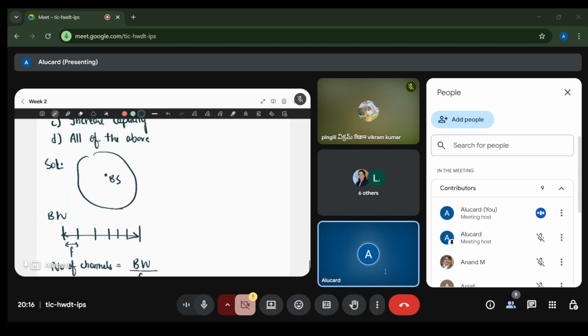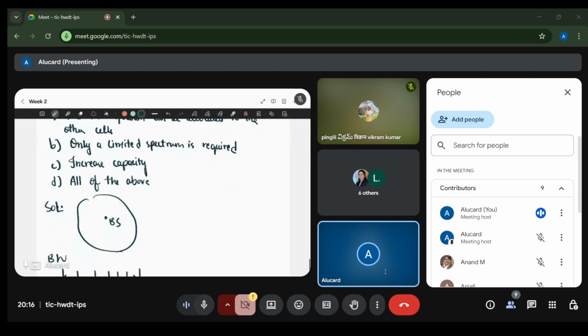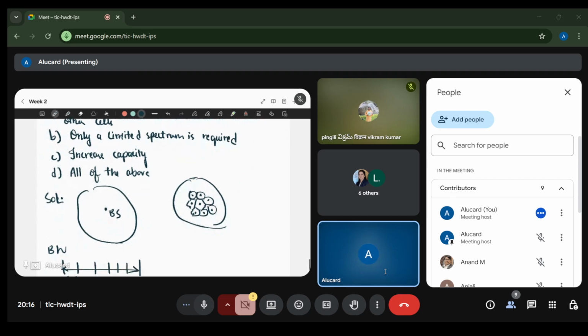Instead of doing this, if we had split this into cells and cell clusters, where there are base stations in each cell, one good thing would be that each base station can transmit with lesser power.